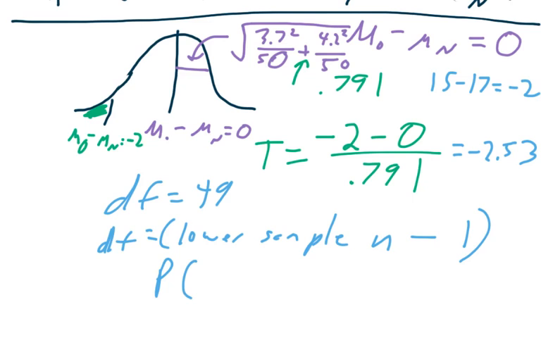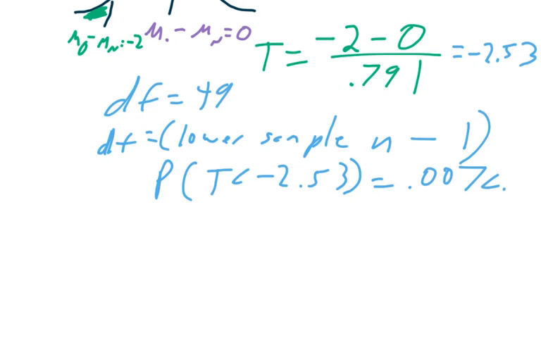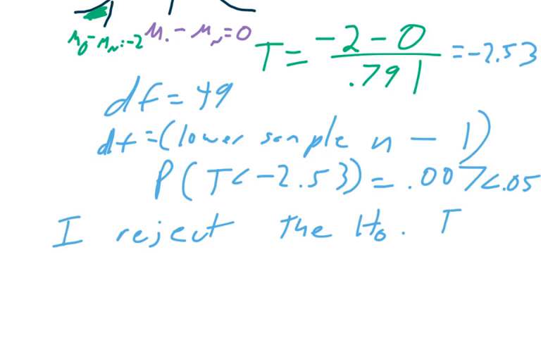So the probability that t is less than -2.53 with 49 degrees of freedom is 0.007, which is less than 0.05. And so now we reject the null hypothesis.